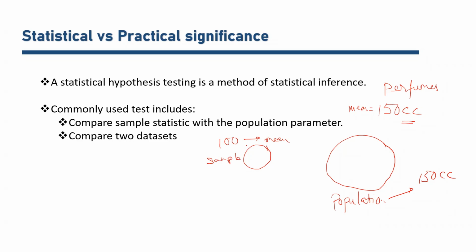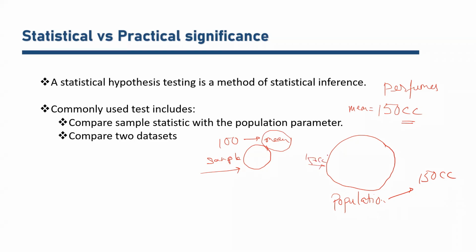Based on the sample which we have drawn, we calculate the mean, and based on that we will hypothesize whether the mean is actually 150 or not, right? Whether the difference is significant enough to say that the population mean is actually 150 cc.